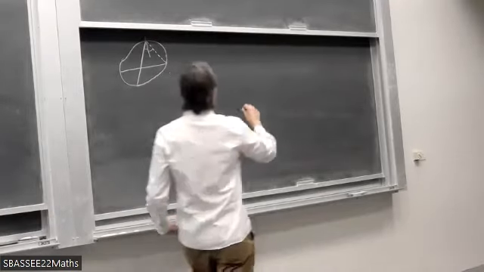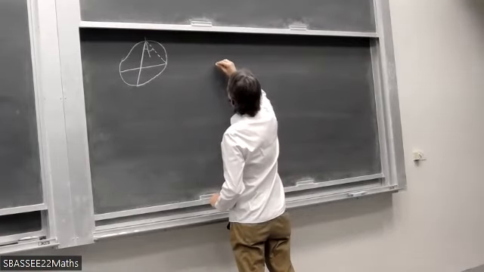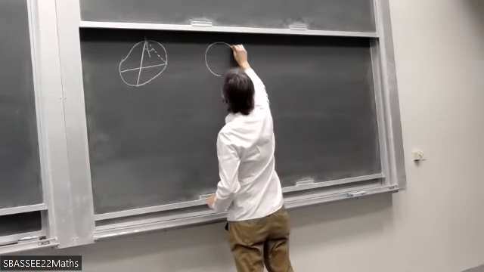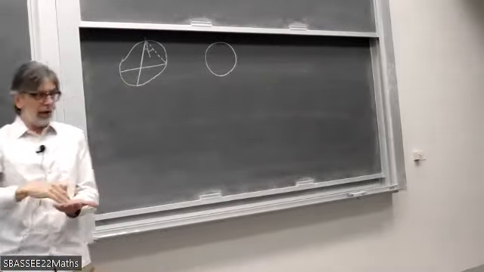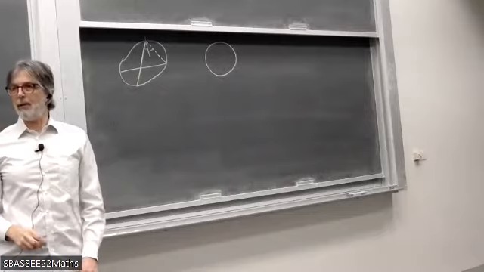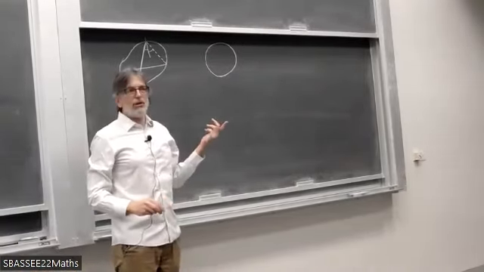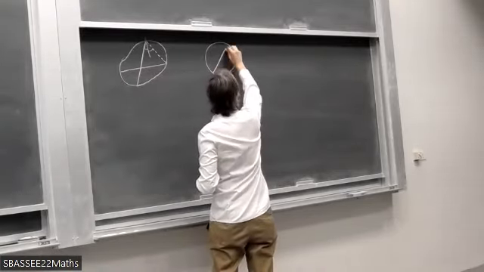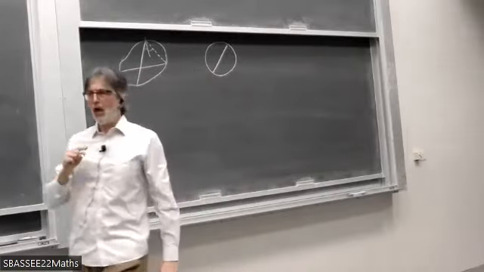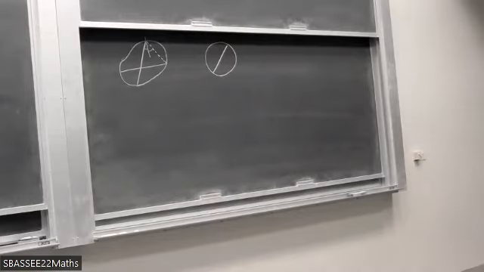Okay, so now that we have this example, let's look at, for instance, if I start from a circle, now this is not the round metric, this is the flat disk, and I do this operation. What is the shortest closed billiard trajectory? Diameters. I go back and forth on a diameter.